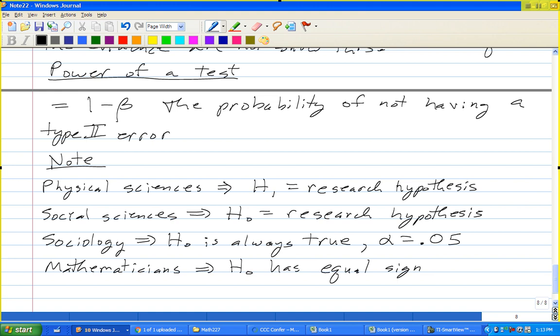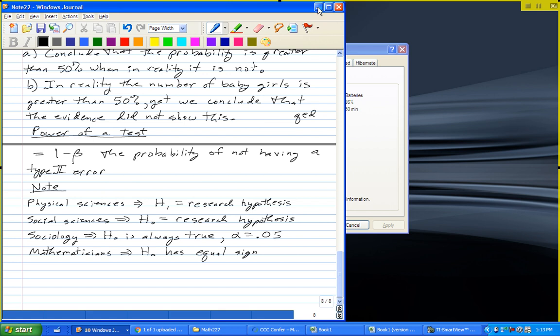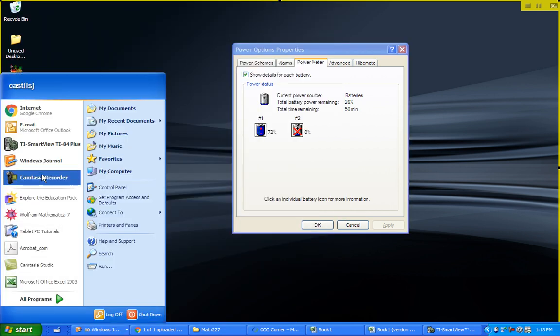Okay, so that really finishes off section 7.2. Let's go on to section 7.3, where I'll actually perform some of these hypothesis tests.